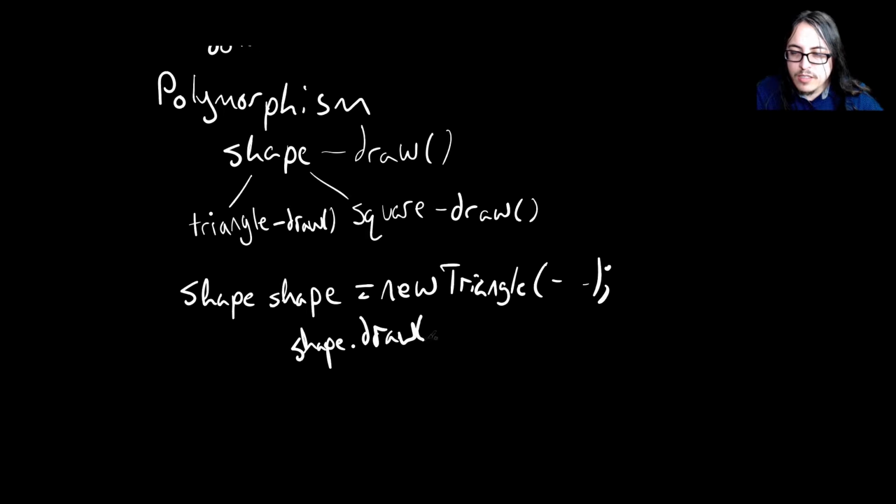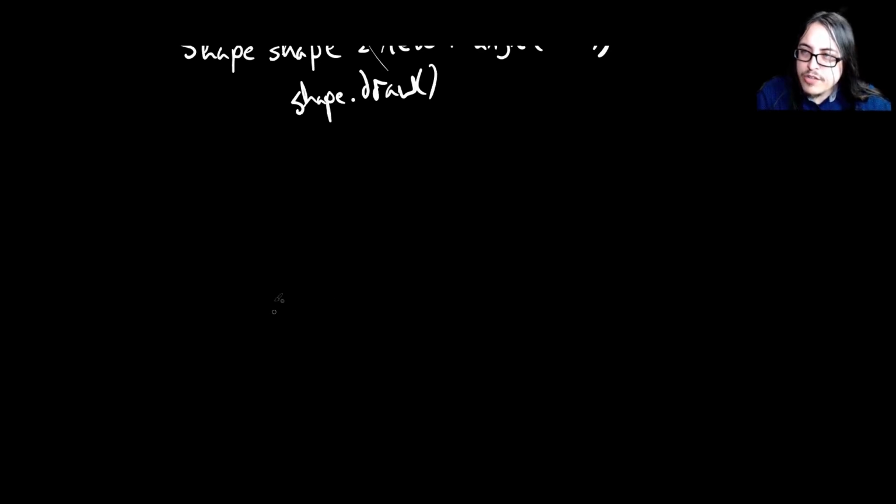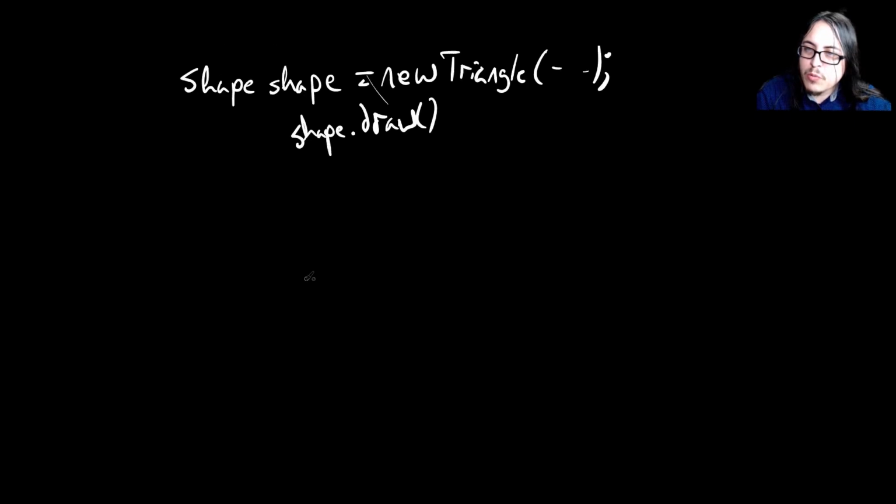And because triangle comes from shape, it knows that there is a draw method, whether or not triangle has overridden that method or not. So that's polymorphism. Those are the essentials of object-oriented programming from a high-level perspective.